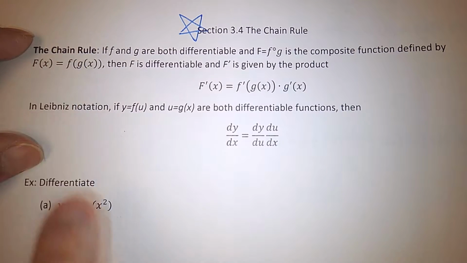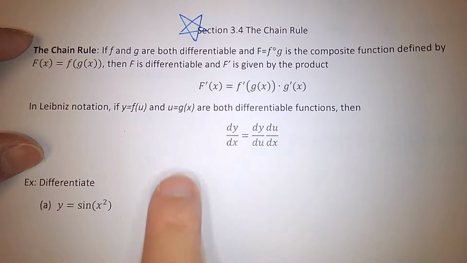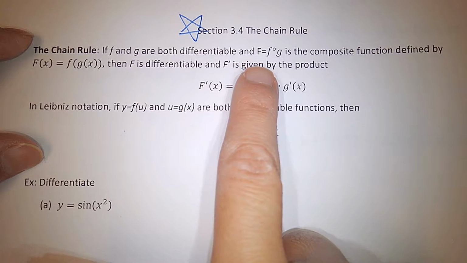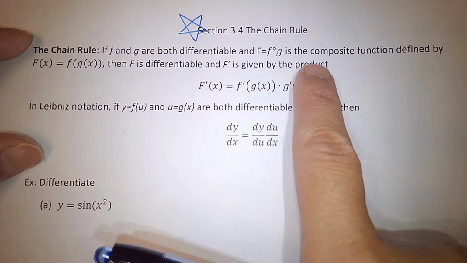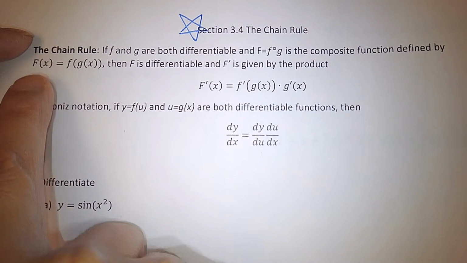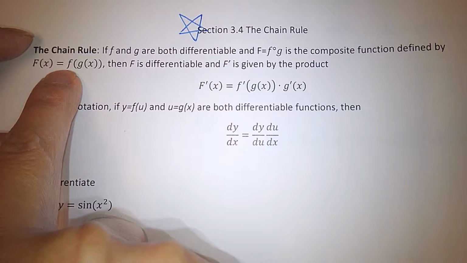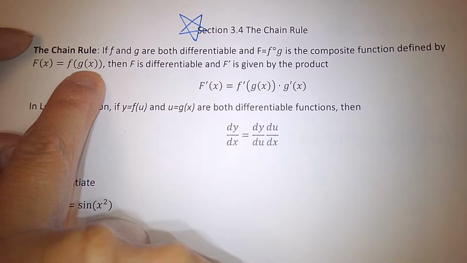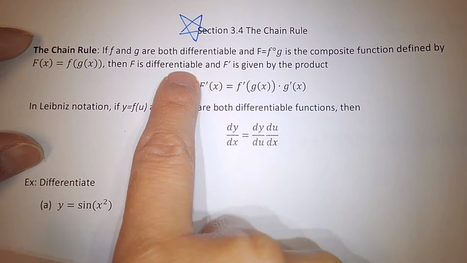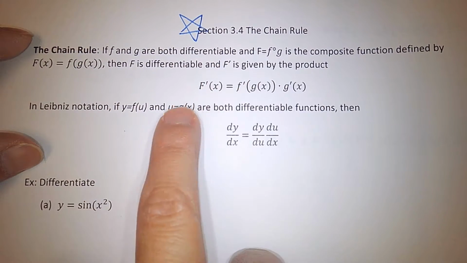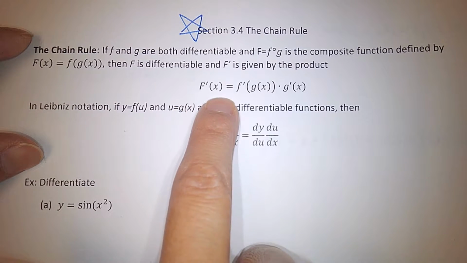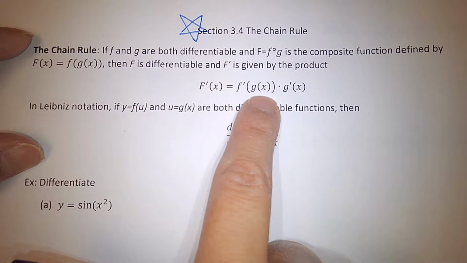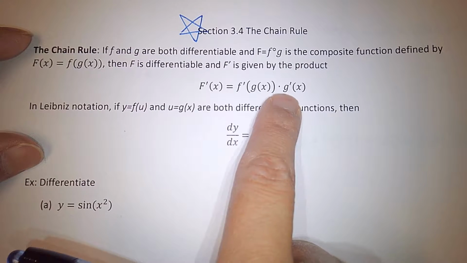The chain rule. If f and g are both differentiable and F is the composite function defined by F of x equals f of g of x, then F is differentiable and F prime is given by the product F prime of x equals f prime of g of x times g prime of x.